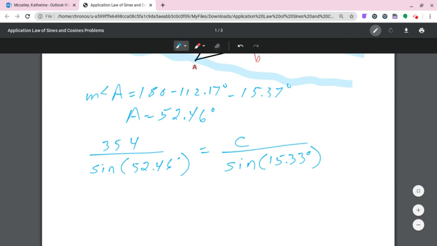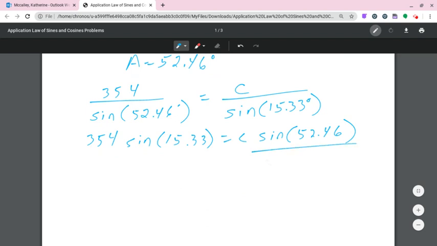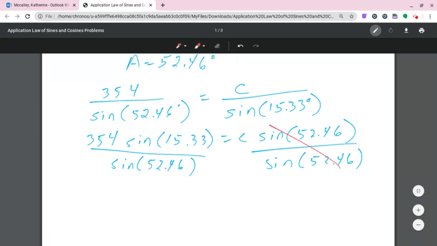I'm going to get 354 times the sine of 15.33, and that's going to equal c times the sine of 52.46. Now you can divide by sine of 52.46.